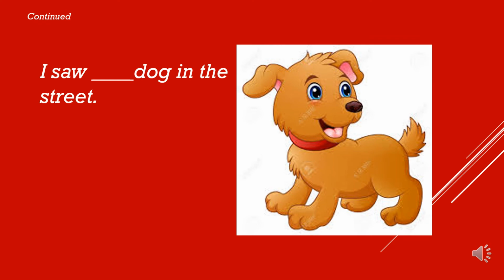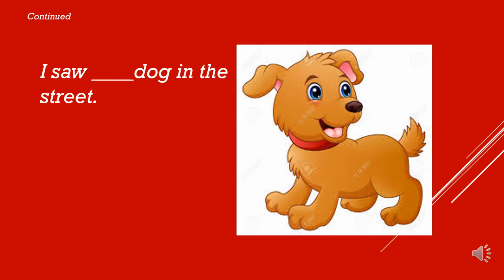I will give you another example. I saw dash dog in the street. Students, you can see on the screen, I saw dash dog in the street. It is starting with D. That means we have consonant sounds here.